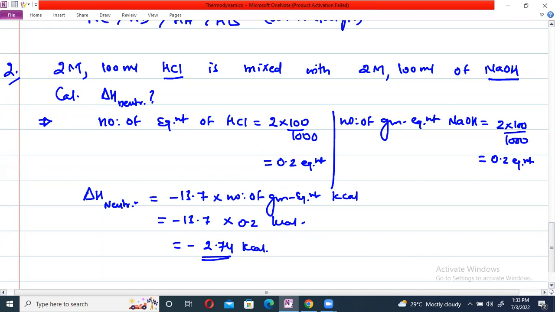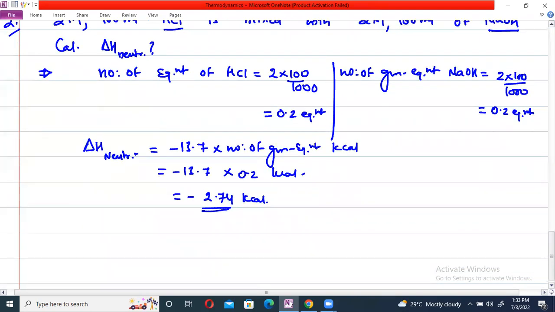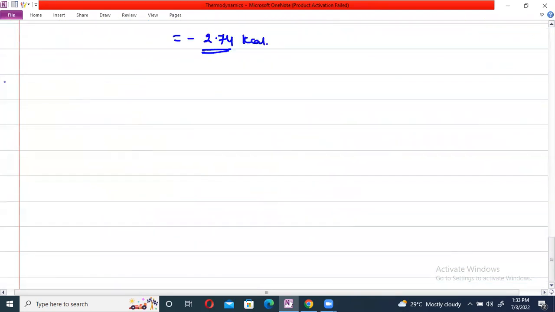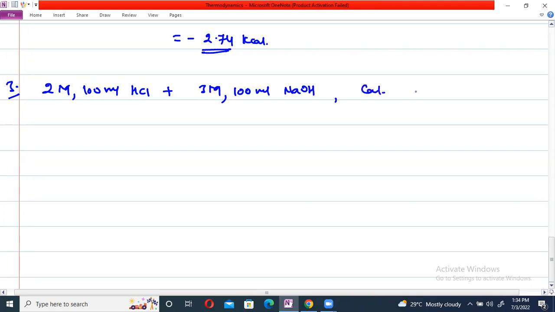In the same way, one more question is given for the calculation part. 2 molar of 100 ml of the acid is mixed with 3 molar of 100 ml of a base. They are asking to calculate the heat of neutralization.